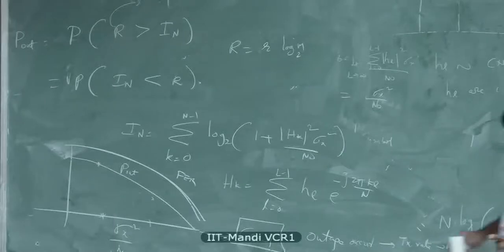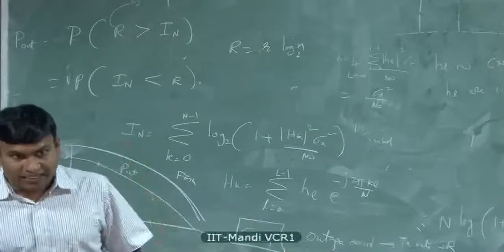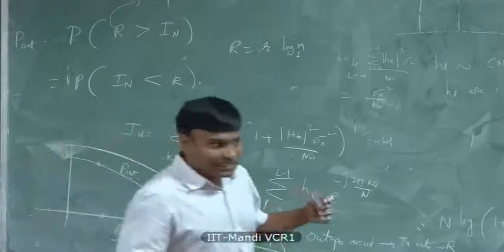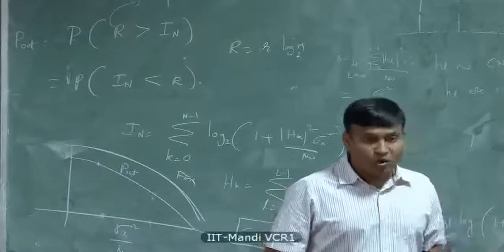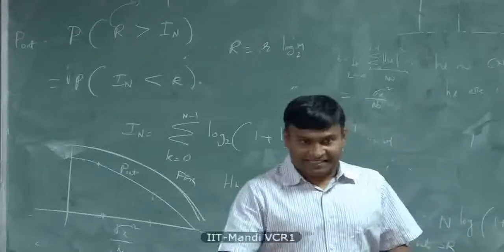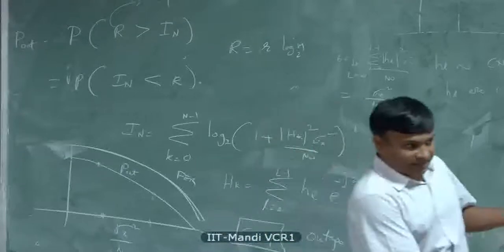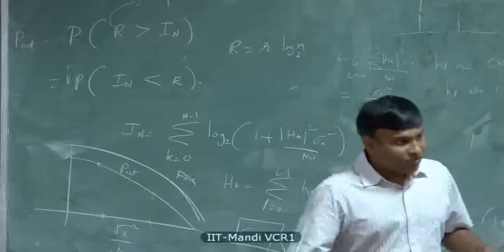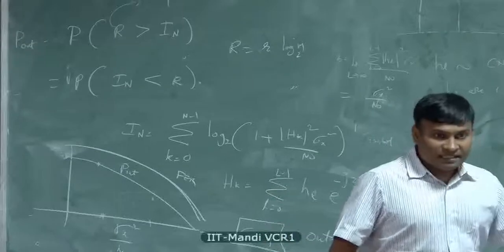The receiver measures IN and quickly transmits it to the transmitter. The transmitter exactly knows IN, and we hope the channel is varying very slowly, and transmits at a rate IN or slightly below that. Then no outages. But then what is the transmitted rate? It's IN. IN is a random variable whose variations depend on the variations of the channel. Therefore, your transmitted rate changes as a function of the changes in the channel.